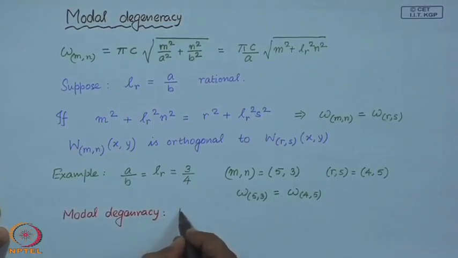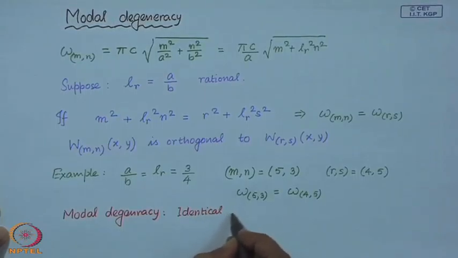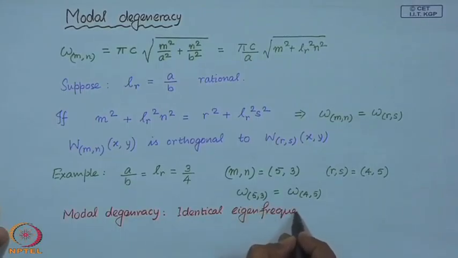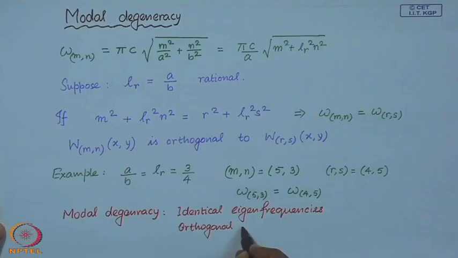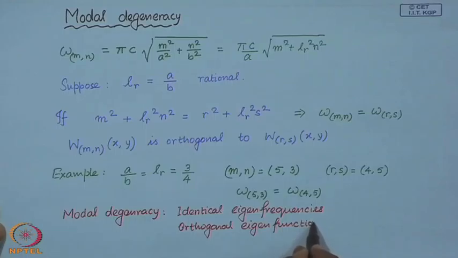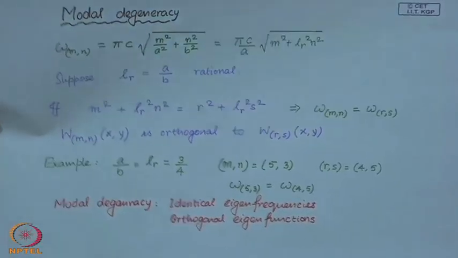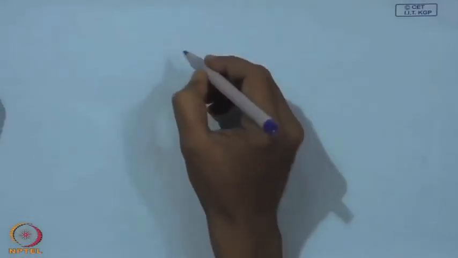So, you have identical eigenfrequencies, but distinct eigenfunctions that are orthogonal. So, let me graphically try to depict this situation.